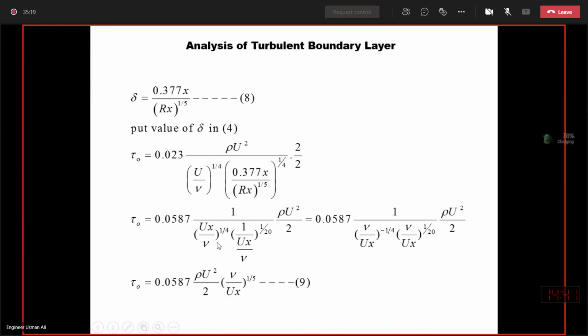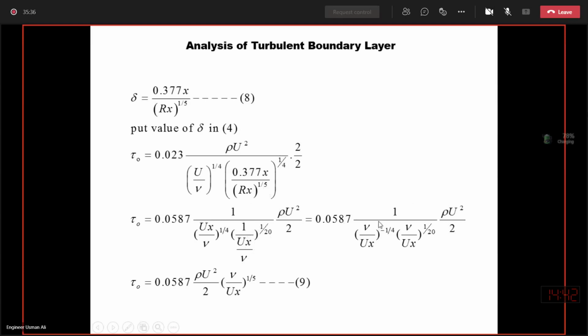So u into x over nu power 1 by 4, and the remaining will be 1 over Rx power 1 by 4. Instead of 1 over Rx, we can write ux over nu power 1 by 5 into 1 over 4, so that is power 1 over 20.